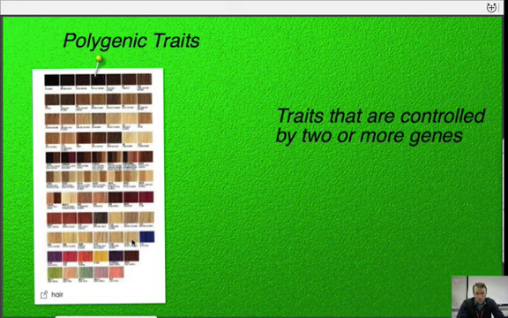So polygenic traits, height is another one, where the height is controlled by two or more genes. That's why not one person is just 6'2" and the other person is just 5'2". There's 5'6", 6'4". So there's many different types of height.